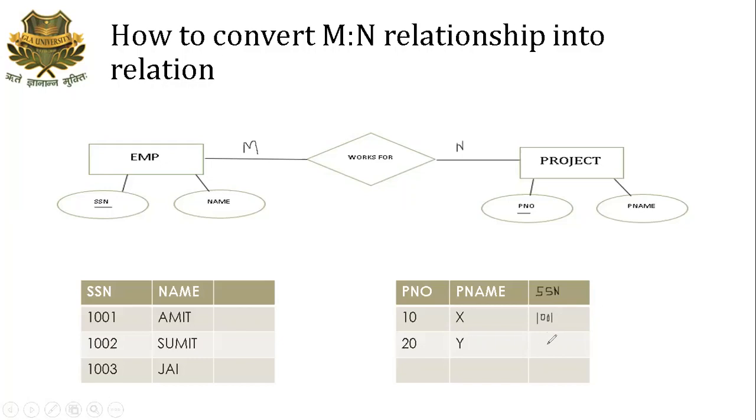Then corresponding to this project, only one value of social security number comes, because the project number is the primary key over here, so it cannot repeat. So corresponding to this, there is only one employee.